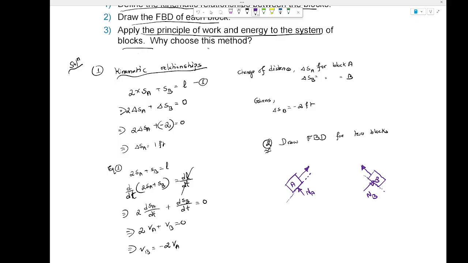Up to this, you guys understand? All right, perfect. Then the block A, since it's heavier, it's gonna move in what direction? Downward direction. VA is the velocity. And the block B, which is lighter, is gonna move up. So this is your velocity direction, right? The velocity.